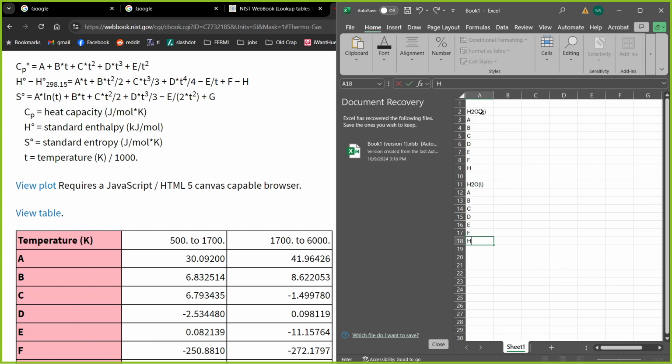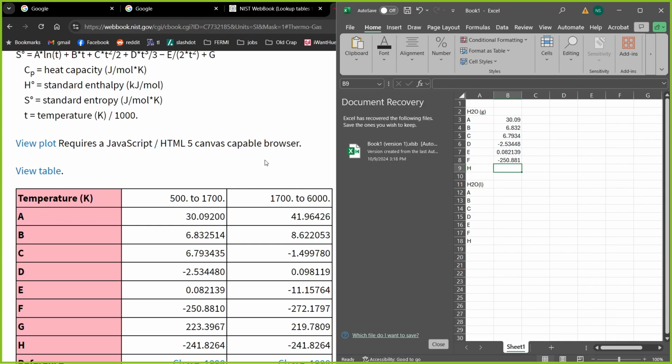So let's do that. I'm just going to round them: 30.09, 6.8382, 6.7934, minus 2.534480, 0.082139, minus 250.0. And I don't need G for this, minus 249.264.